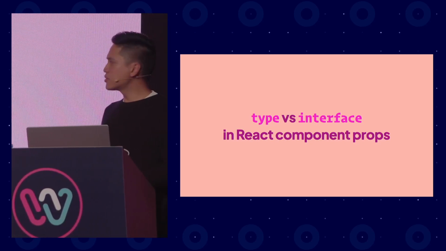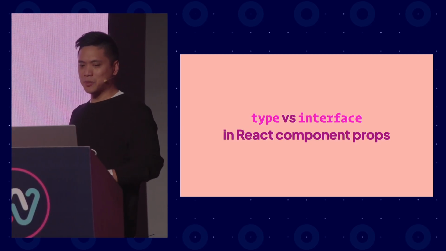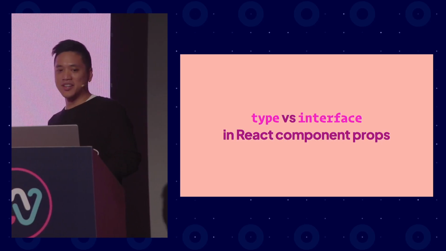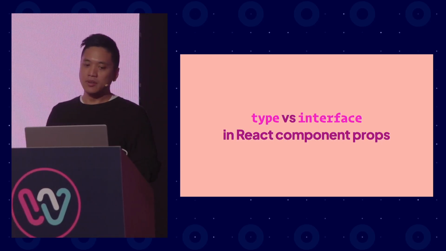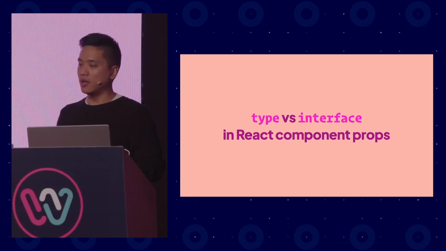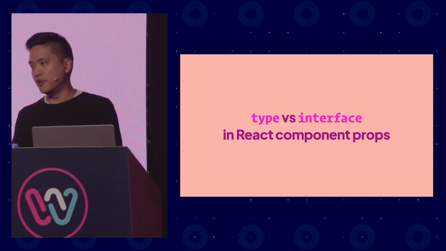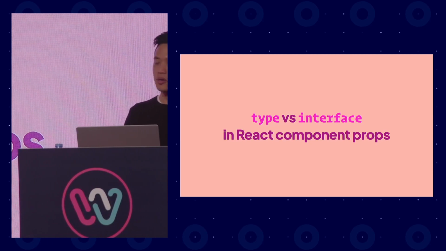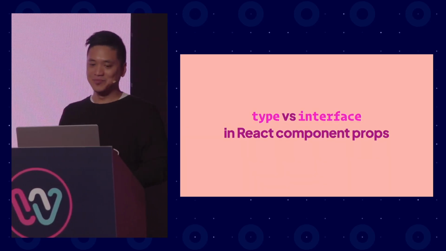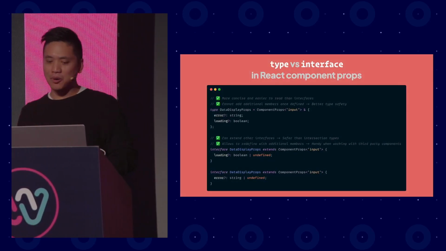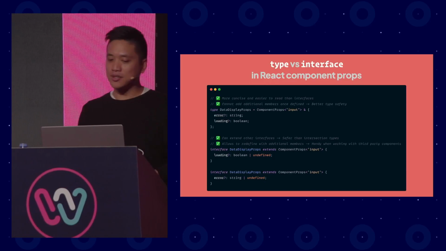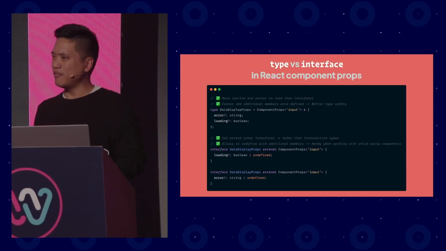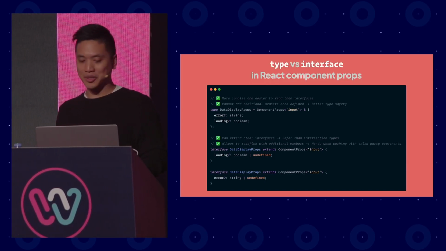Now, types or interfaces in React props. This is a pretty common debate, on whether one prefers this over that. So here's my hot take. Generally, both are fine, and I actually use them both, but with a preference for interfaces. So here's why.